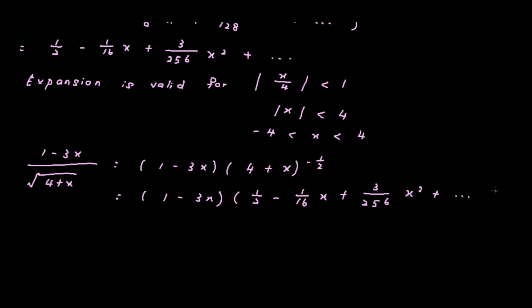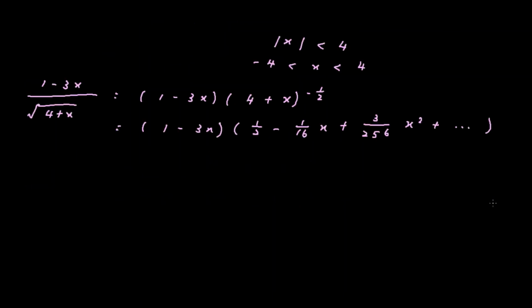If you want to make yourself much clearer, you can state the whole thing again. So 1 times (1 over 2 minus 1 over 16 x plus 3 over 256 x squared, and so on), and then minus 3x, copy the whole thing again.